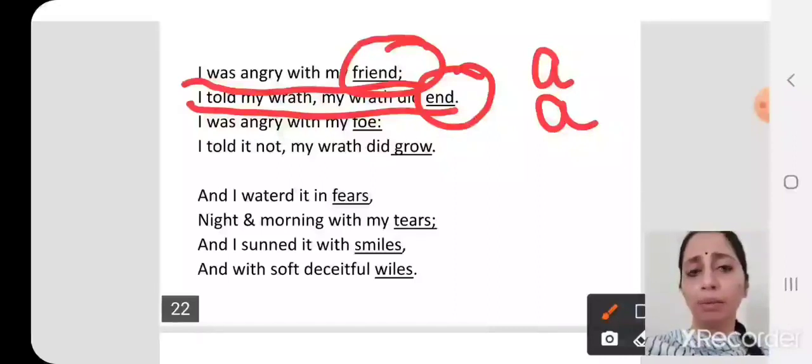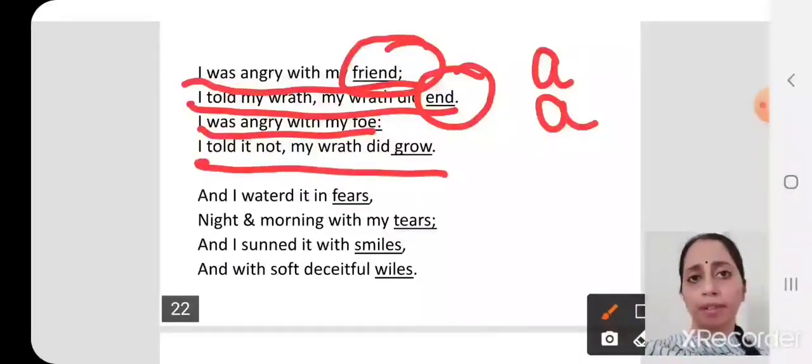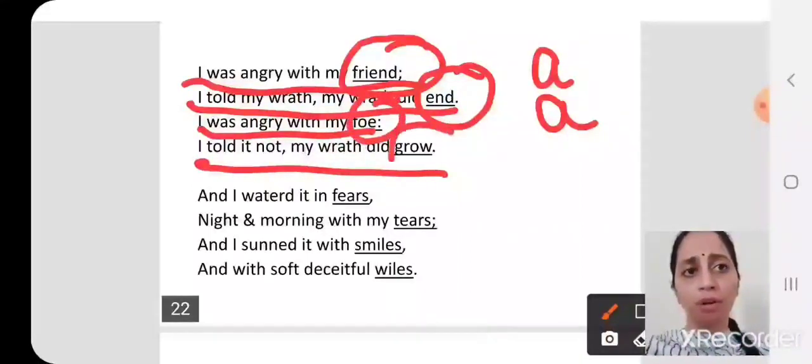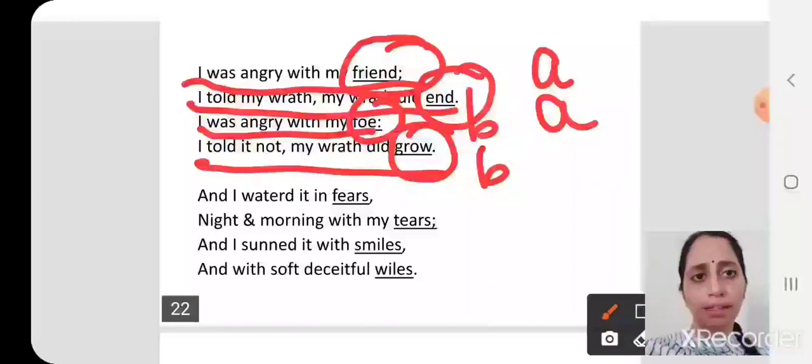I was angry with my foe, I told it not, my wrath did grow. So what happened over here? This line and this line, again, two lines are completing one thought. And look at the last word, foe, grow. So we'll denote it B. Clear? Moving on to the next stanza.